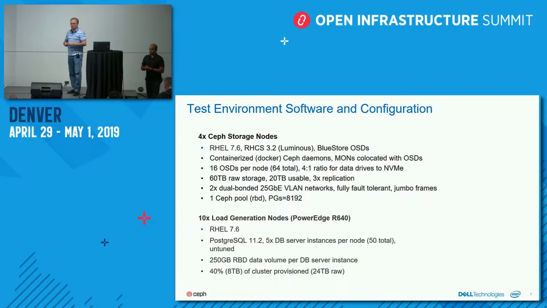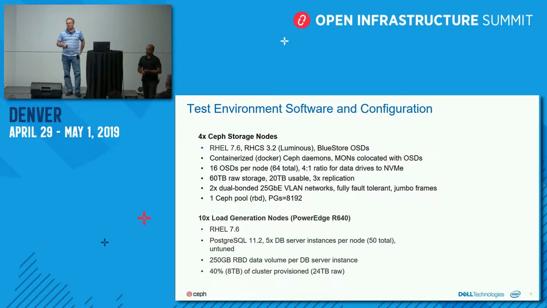Okay, so from a software configuration standpoint, we're running RHEL 7.6 with Red Hat's Ceph 3.2, Luminous-based, BlueStore OSDs. I mentioned that we're doing containerized and co-located daemons. We have 16 OSDs per node, so a total of 64.